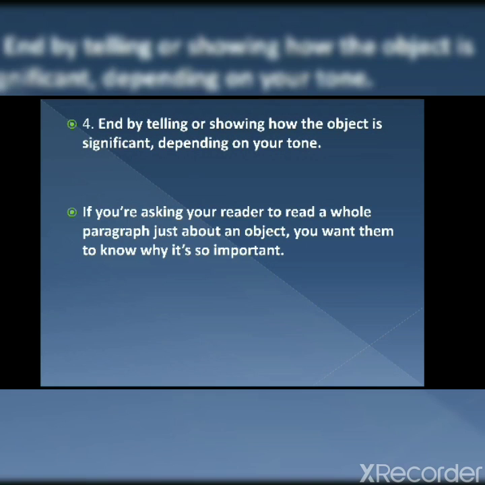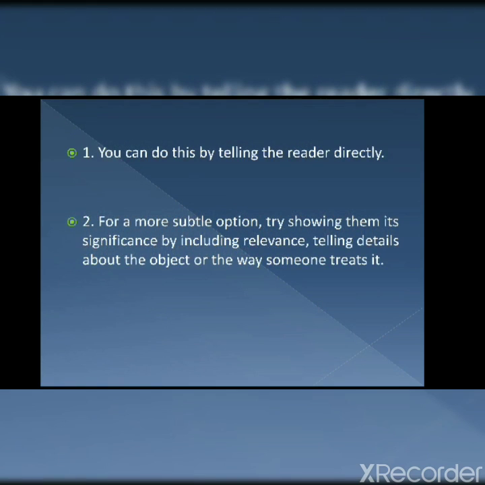So, children, when we are describing something and you want your readers to read a whole paragraph about the same thing, you need to tell the readers why it is so important. Why are we reading a whole paragraph about one single object?